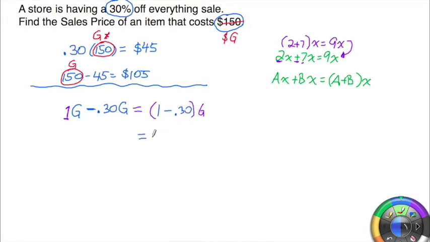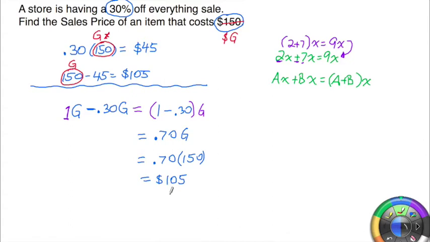All right, so then this becomes 0.70 times g. So another way of doing this, let's put the 150 back in for g, is to take 70% of $150. And if you take 70% of $150, it brings you right to your answer of $105, the final cost of the item.